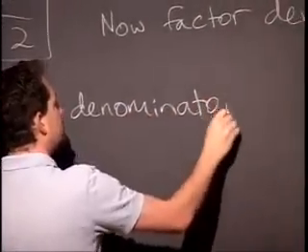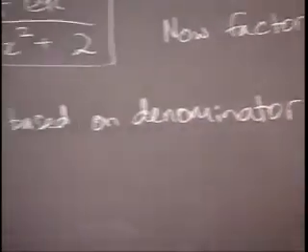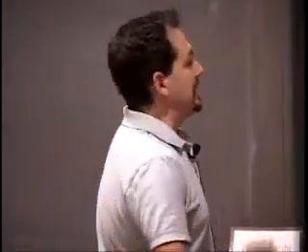It's based on the denominator. And there are some simple rules for what to do depending on what the factors are. What I'm going to do is tell you the rules, and then I'm going to show you this example and then one other example of how to find the form. Okay, so here are rules for the form.